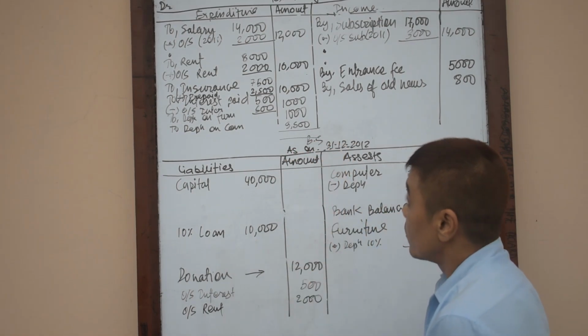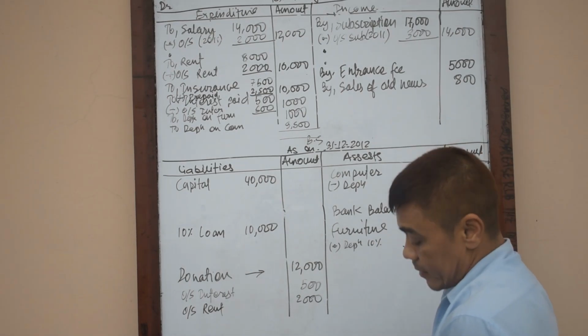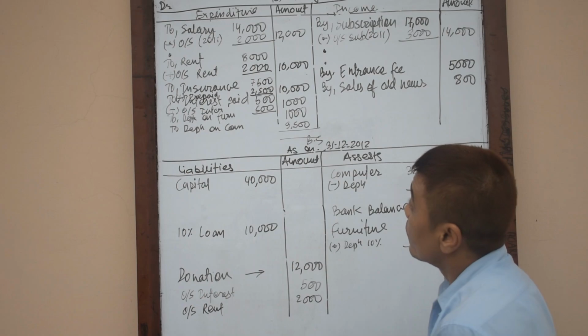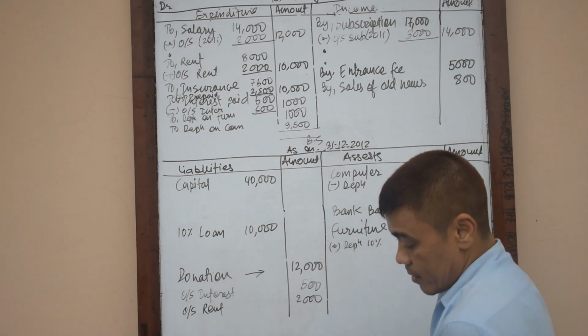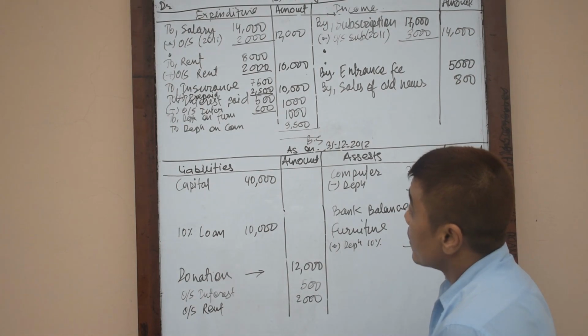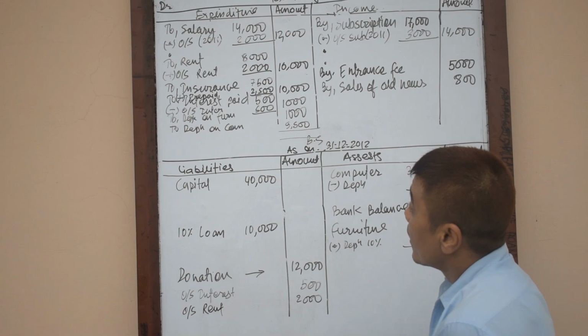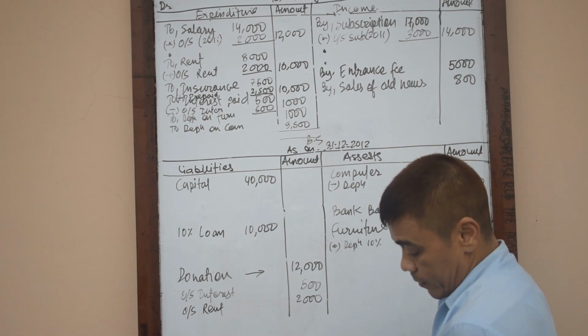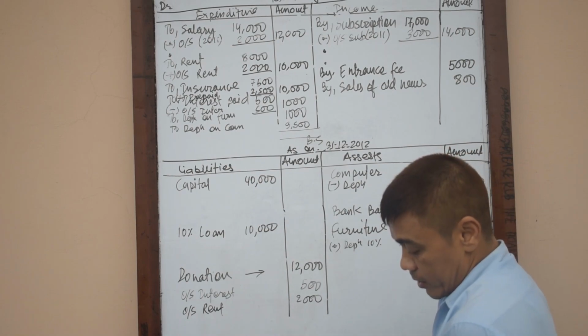We'll see what is the total expenditure. 12,000 salary and 10,000 rent, insurance 10,000, and interest 1,000, and depreciation of furniture 1,000, and depreciation of computer is 9,500.